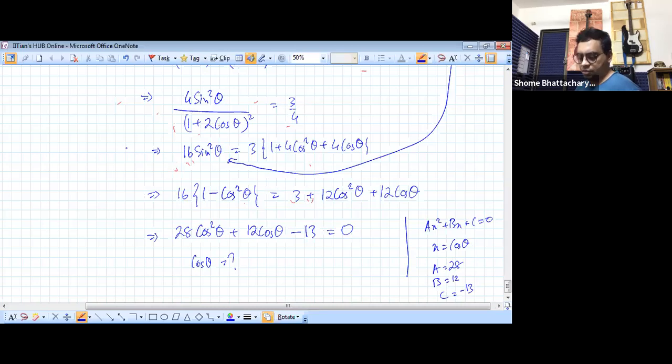So use that discriminant method to solve this, and tell me what you are getting for cos theta. Yes, Tej, tell me what. Yes, correct.